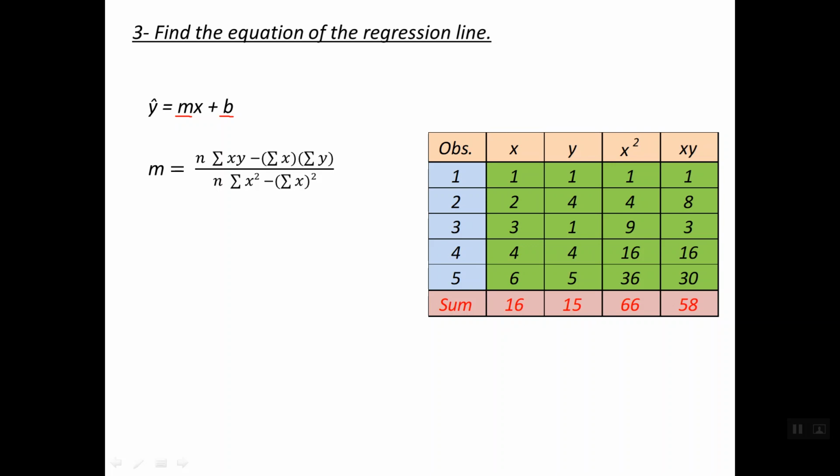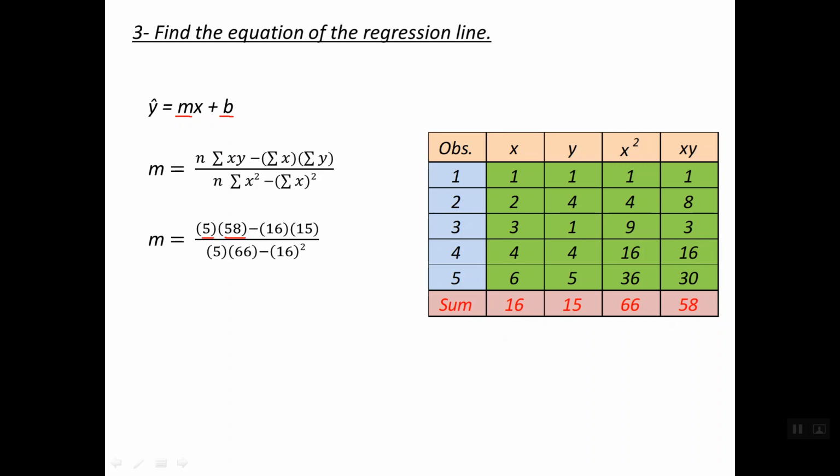This is the formula to compute the slope of the regression line. We can simply substitute. This is n, we have 5 observations.